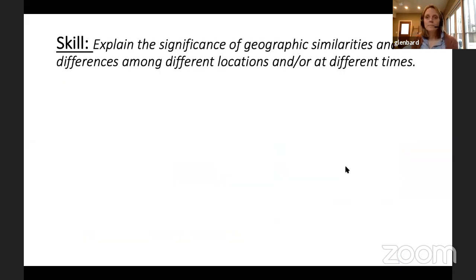So ultimately, we need you to be able to explain the similarities and differences among different locations or at different scales. And so hopefully you'd be able to talk about transportation.